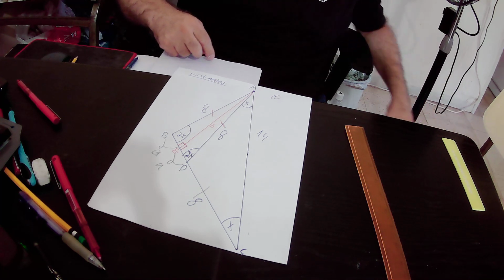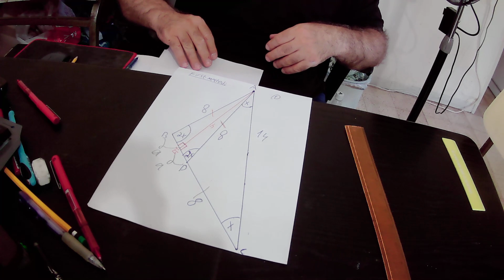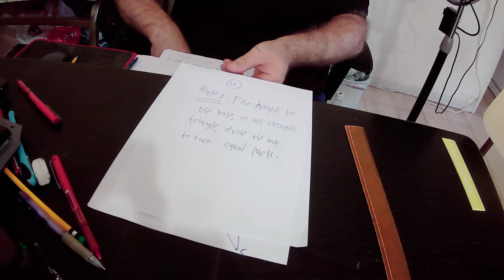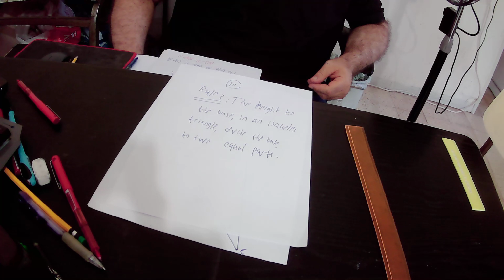And then we have rule number 3, that states that the height to the base in an isosceles triangle divides the base into two equal parts.